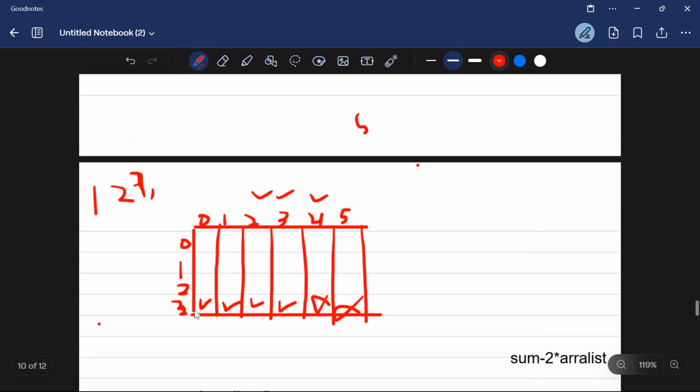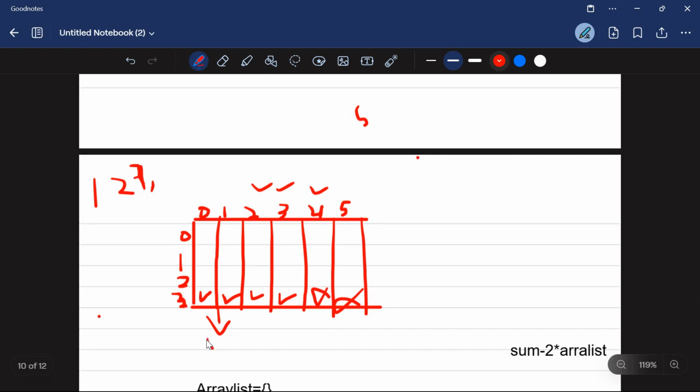You simply store this into a vector or array list, noting which sums are possible. Here 0 can be possible, 1 can be possible, 2 can be possible, 3 can be possible.